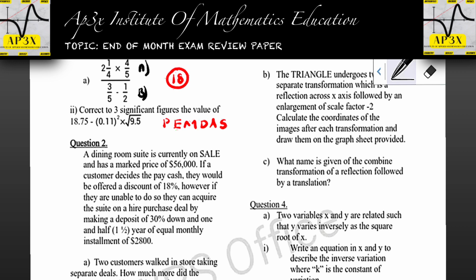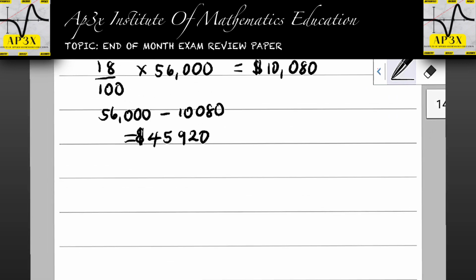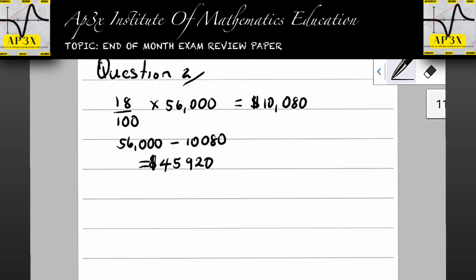Now there is in fact a hire purchase formula, but let us just say hypothetically that we did not know that a formula exists. We therefore would have to calculate what is this deposit that is going to be paid down.